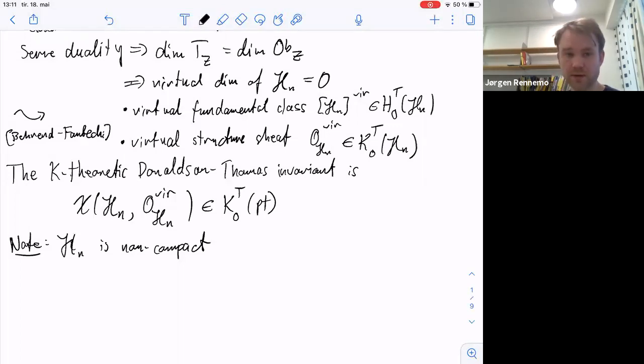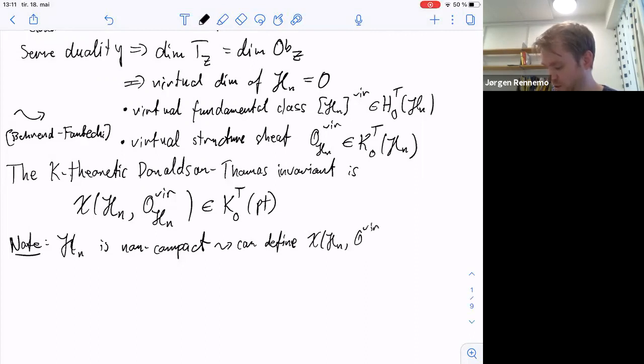So really, what you're doing is you can define this thing via localization, via localization to the T-fixed points. And this thing is compact.